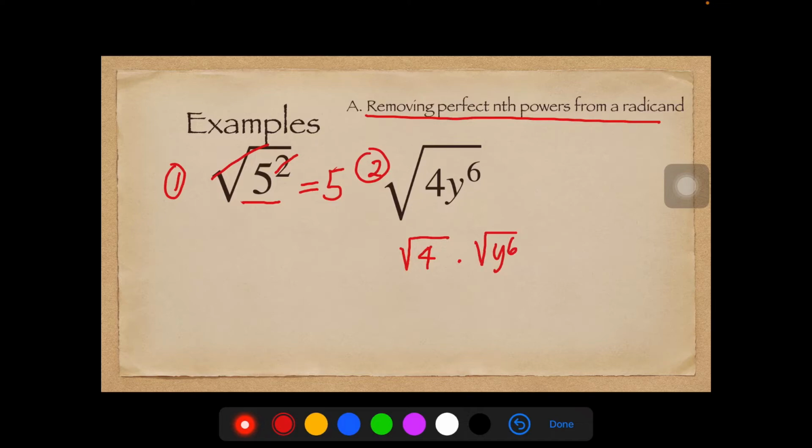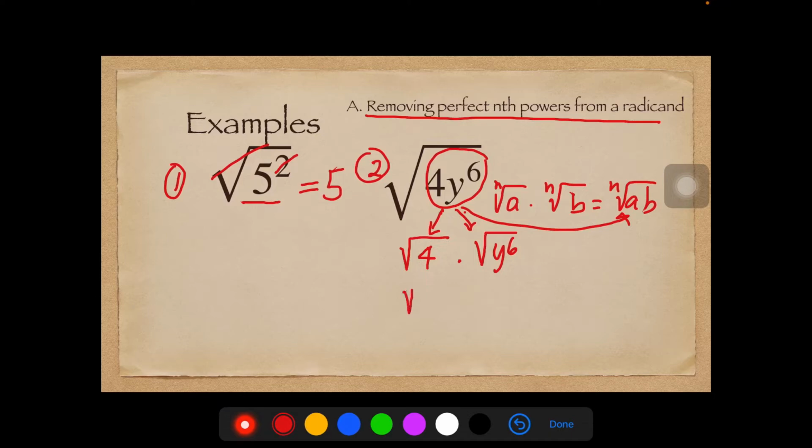This is applying the nth root of a times the nth root of b is equal to the nth root of ab. So here, 4y to the 6 is already a product ab. That's why we try to break them down into this form.